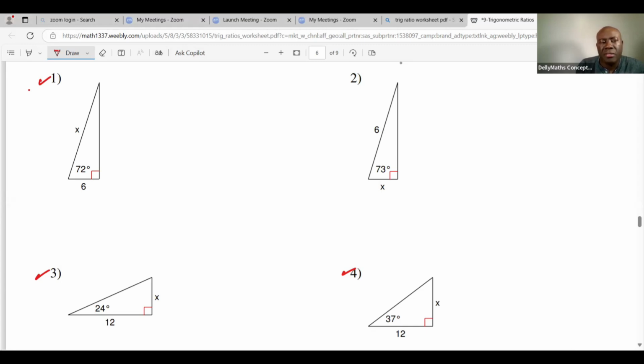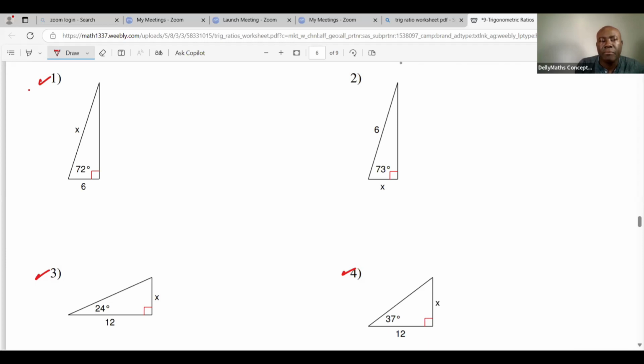So number 1, we can see a right angle triangle. We've seen the notation there for a right angle, which is very important to what we have to do. We're going to identify the sides in terms of whether we're looking at the opposite side, the adjacent side, or the hypotenuse side.